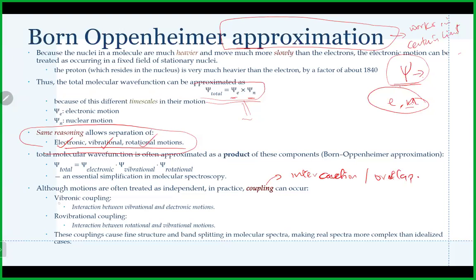So you can have vibronic coupling, that's interaction between vibrational and electronic states. You can have interaction between rotational and vibrational motions. And then you can also have a coupling between the three. So you would only need to look at it when it is needed. When it is not needed, then you just focus on that short interval.